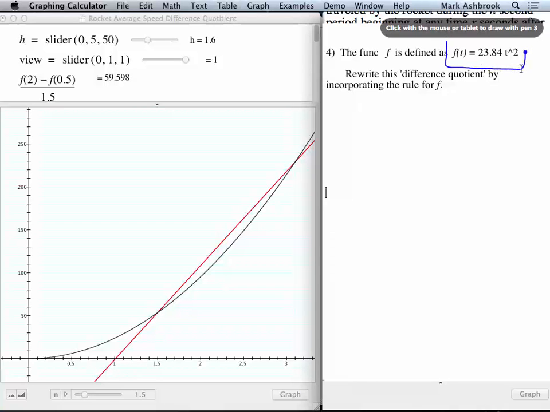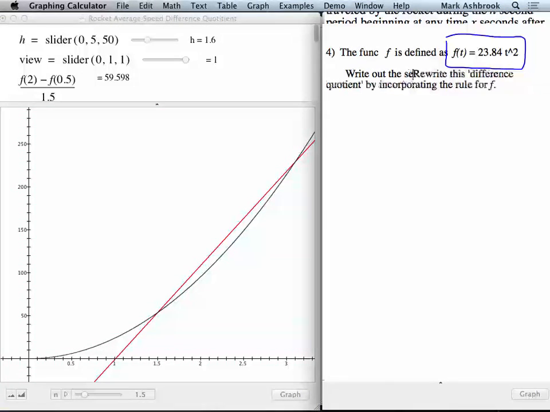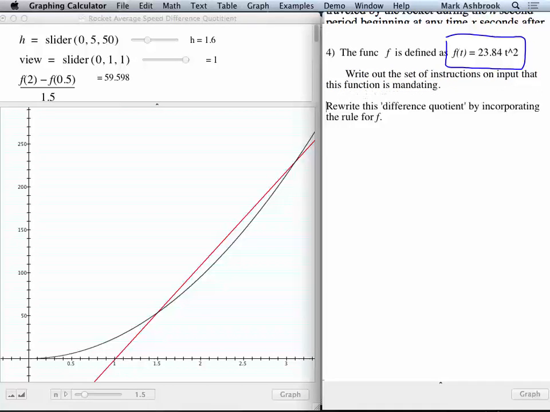So practicing what we did last time in class, I want you to first write out the set of instructions on the input that this function is, there's that word again, mandating, I guess. It's the only word I can think of.